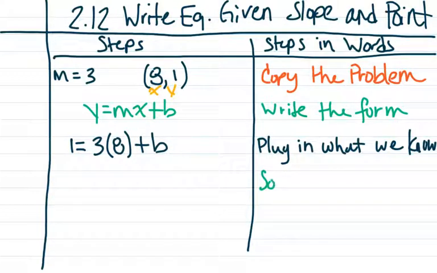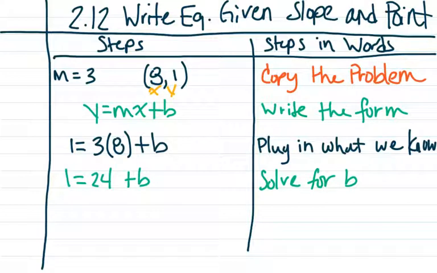And now we're going to solve for b. So we have 1 equals 3 times 8 is 24 plus b. We're going to subtract 24 from both sides to get b by itself, and we end up with -23 equals b.